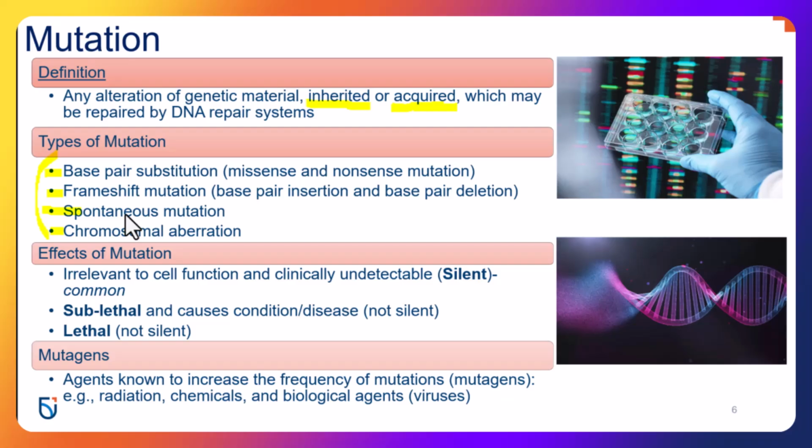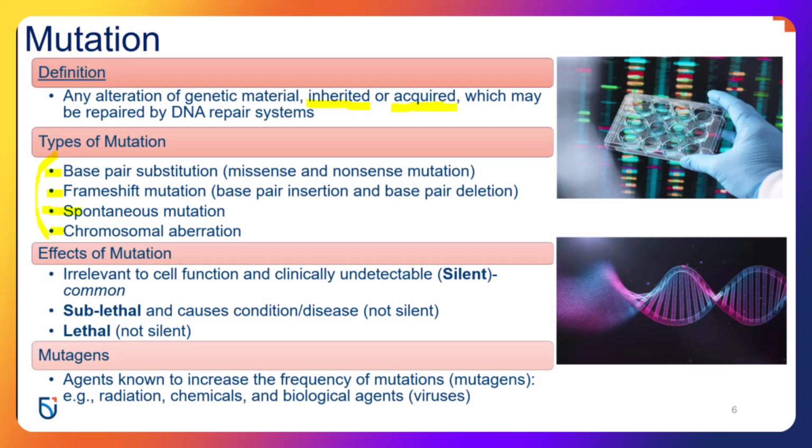Now, if we know a mutation has occurred and the body can't correct it, what are some of the effects that you might see? Well, not all mutations are going to have the same effect. There's going to be quite a spectrum of potential effects, but we can group them into three main categories. Some mutations are silent, meaning that they don't affect cell function and they're clinically undetectable.